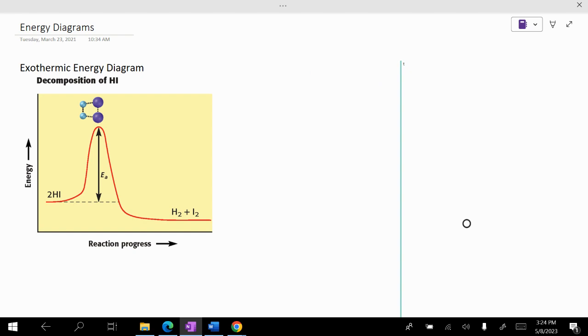An exothermic energy diagram, the energy of the products is lower. And I'm going to give you a moment to draw this energy diagram, and then we're going to label it.